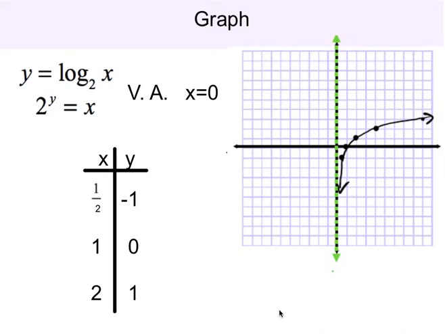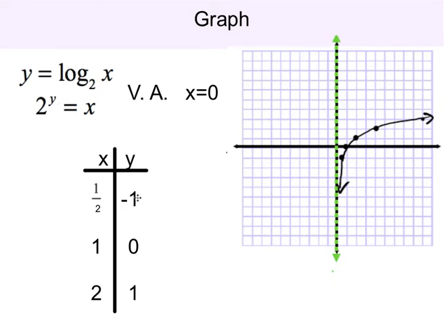The next thing we're going to do is graph a basic log function. So whenever I graph these, I rewrite them in exponential form. It's easier for me to deal with. So I rewrote this as 2, that's my base, to the y. A logarithm is an exponent, is equal to the argument, x.